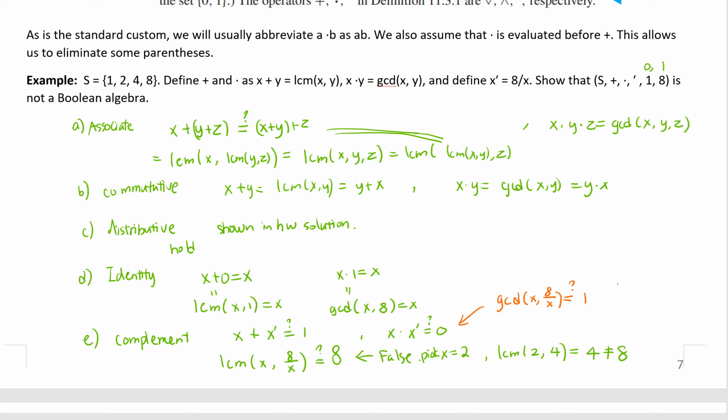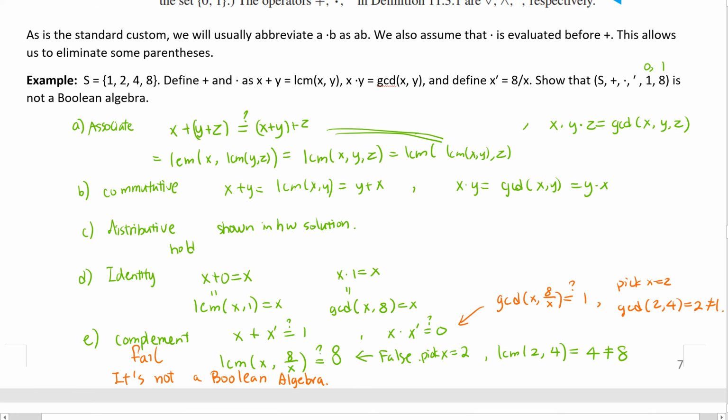We want to check that, but we can also pick x equals 2. Then the GCD of 2 and 4 is 2, which is not 1. So now we have shown that it failed the complement laws. So that's why it's not a Boolean algebra. So far so good, everybody? Alright, let's continue.